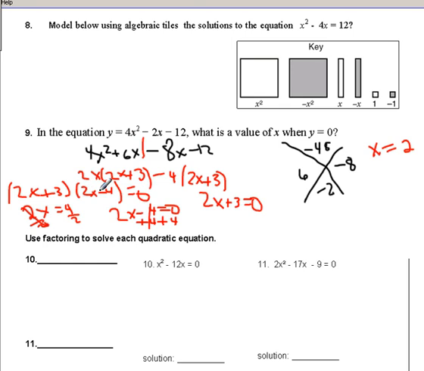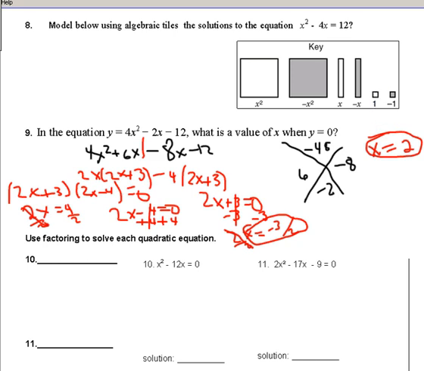So don't worry about factoring a GCF out of there. And then this one, you minus 3, and you get 2x equals negative 3. And then divide by 2. So x equals negative 3 halves. I'm not going to try to rewrite it over here because it would take me forever.